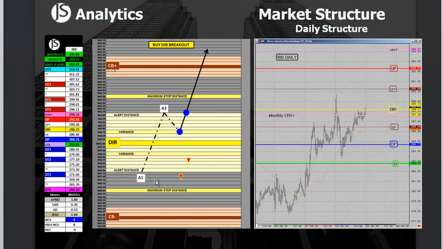We're looking for a breakout, the market coming from below the directional, and we want to see it breach that alert distance, and then we're going to look to enter off the variance or at the alert distance. So we need the market to price qualify above 288.74, which is basically the alert distance plus the directional.